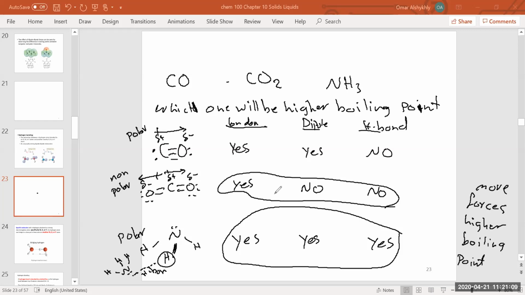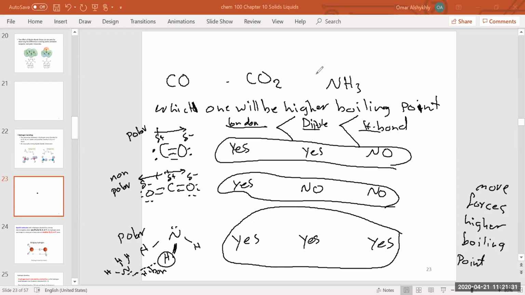Don't forget, when you compare, the dipole is stronger, and hydrogen bond is also stronger. So here just one type, here two types. So ammonia will have the highest boiling point.